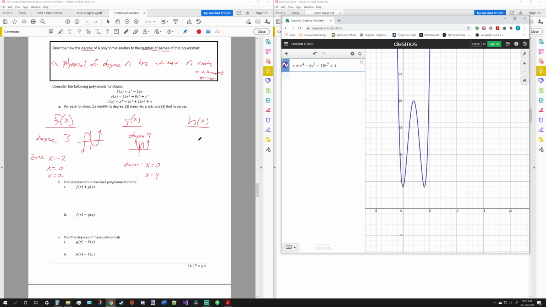Okay, and here we see an example of a quartic, so a degree 4, which has no roots.